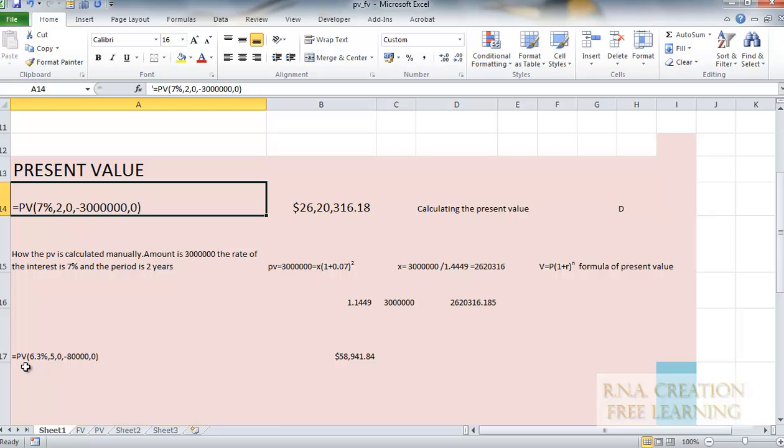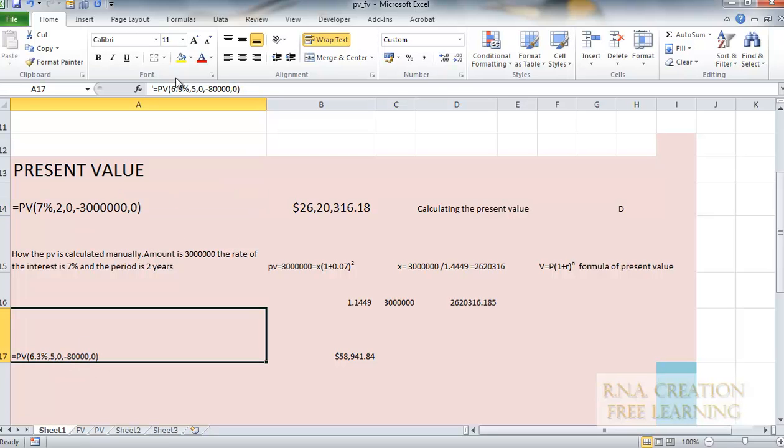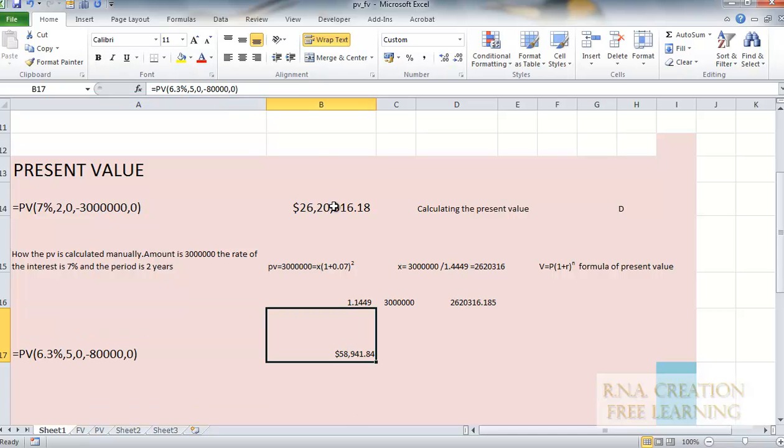Here's another one, a present value at 6.3% for 5 years. Again the same thing. Let me explain it to you. Suppose you wanted $80,000 after 5 years in your account to pay for something, and the bank was giving you a 6.3% rate of interest.